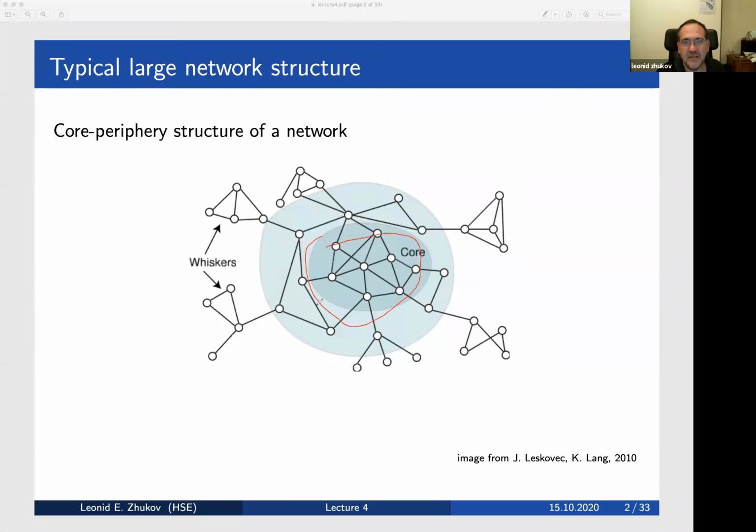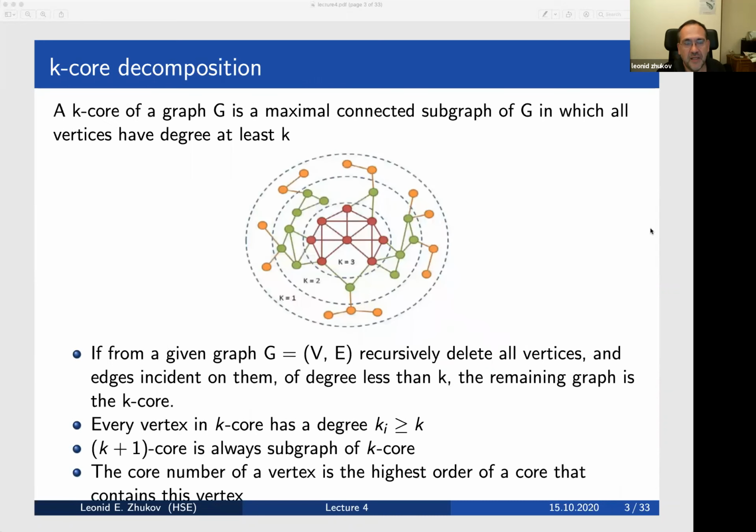So then this K-core decomposition is a tool to do this. And it's also very, very efficient, because it's actually a linear algorithm, so it can easily handle very large graphs, which is quite important when you use it in practice.